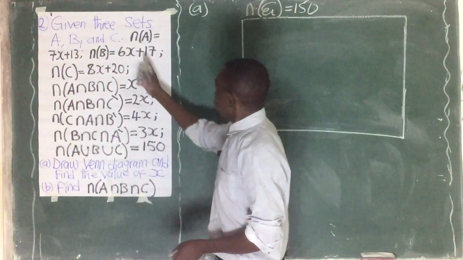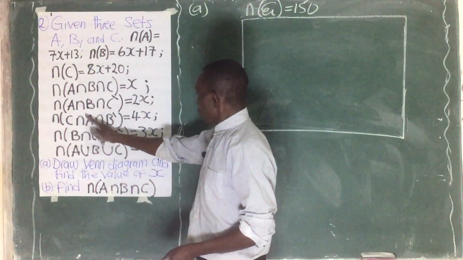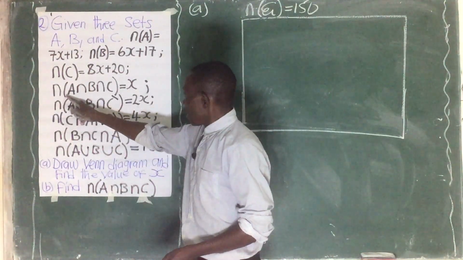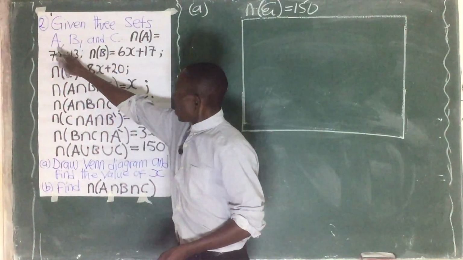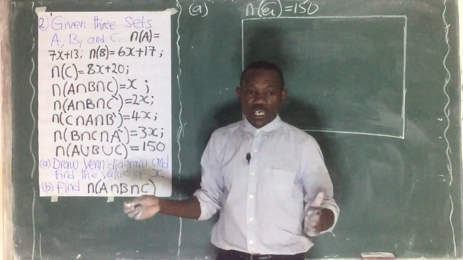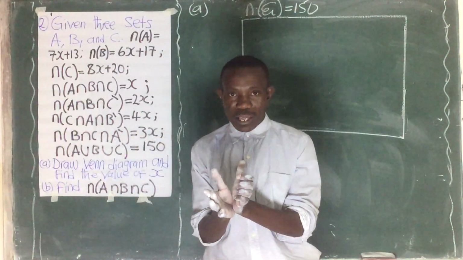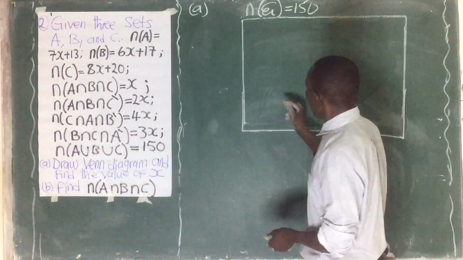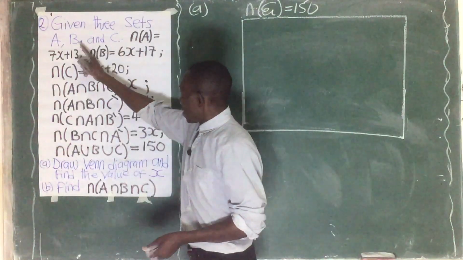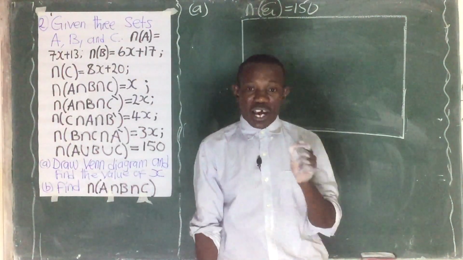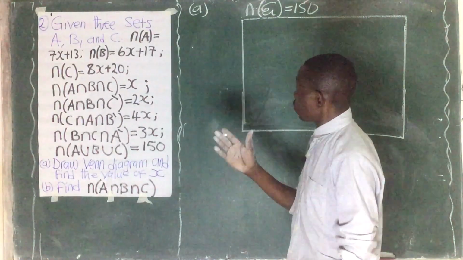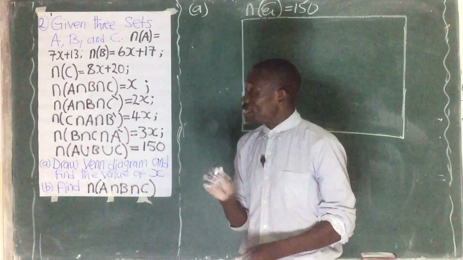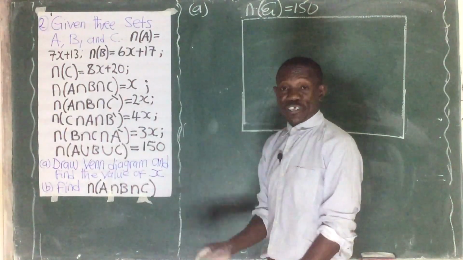Secondly, we are talking of the 3 sets here. Look at this statement: A intersection B intersection C. It tells us that A, B, and C have common elements. As such, if you are going to present these sets A, B, and C by circles, the circles are likely to intersect, so that at the end you show a certain area that is defined by all 3 sets.